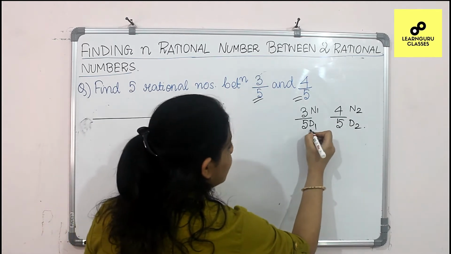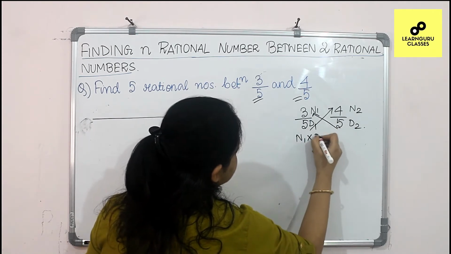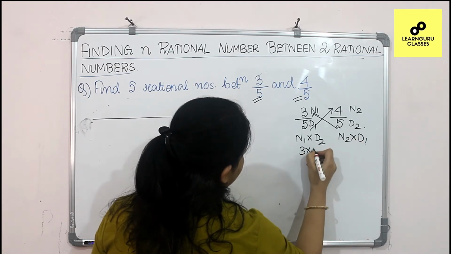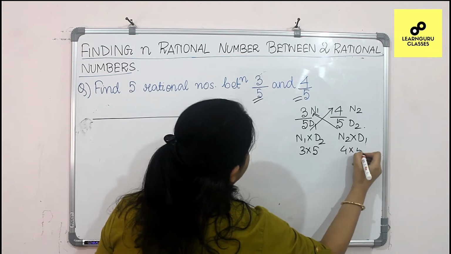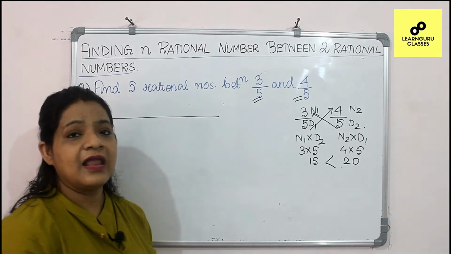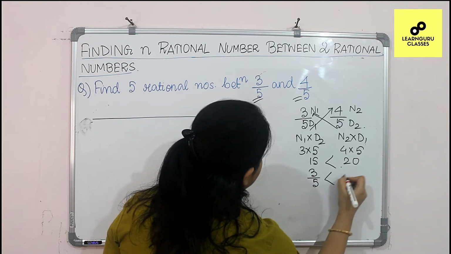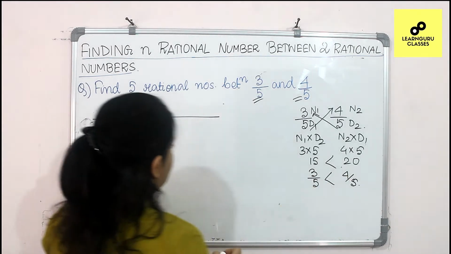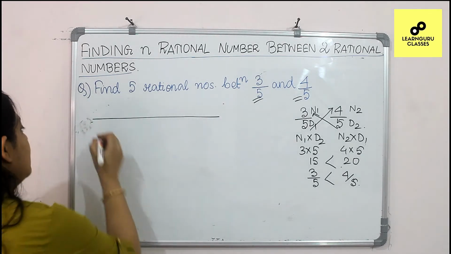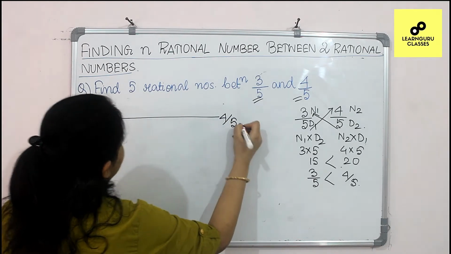For cross multiplication we do N1 into D2 and N2 into D1, that is 3 into 5 and 4 into 5. So you get 15 and 20. 15 is less than 20, so 3 by 5 is less than 4 by 5. I will place 3 by 5 on the left hand side, and 4 by 5 on the right hand side.